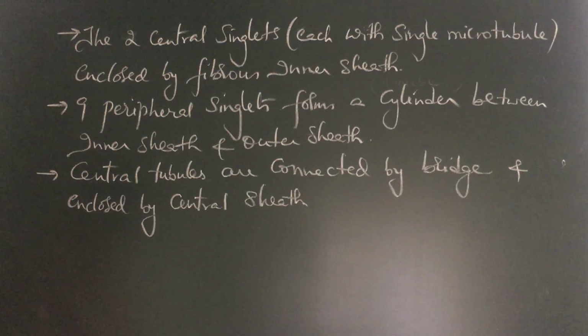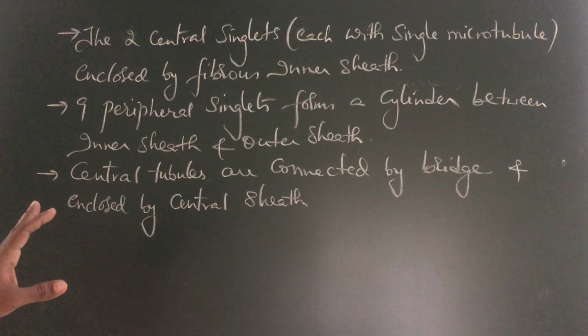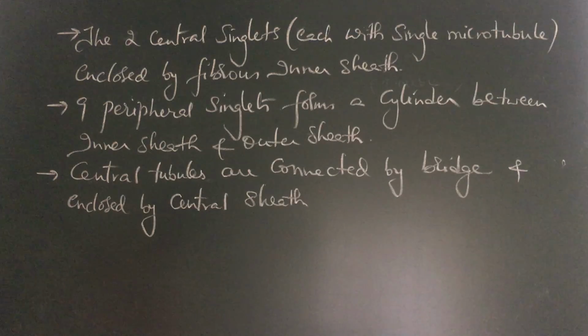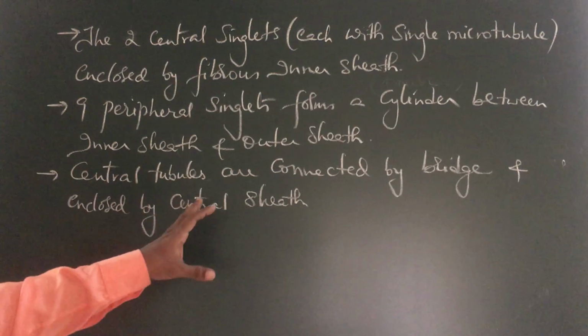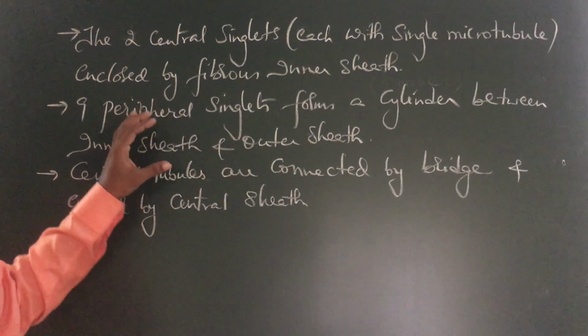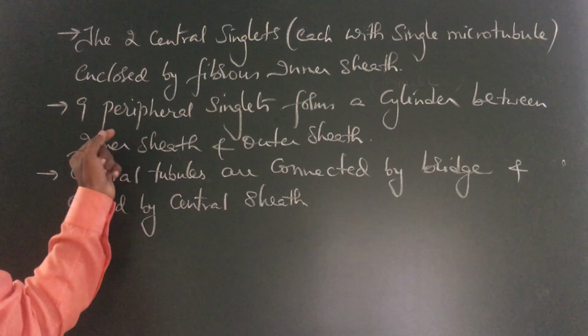Okay, next. The central tubules are connected to one of the tubules of each peripheral by the radial spokes. Till now we saw how the central sheath and the peripheral are connected by the radial spokes.